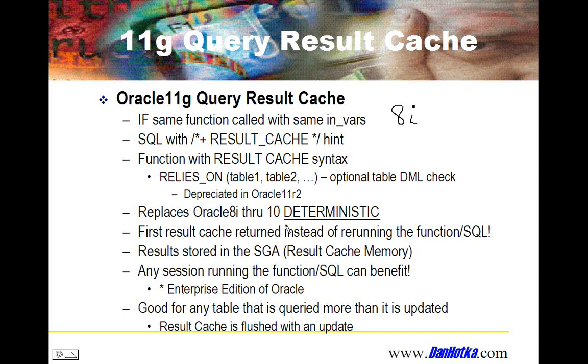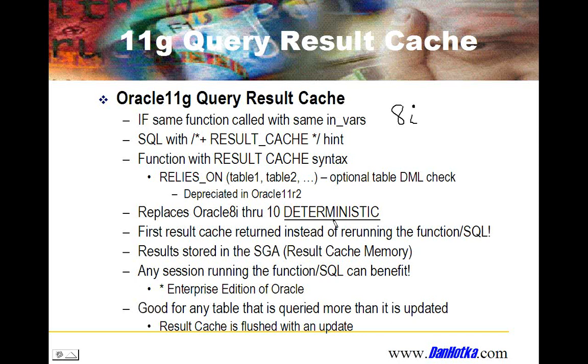It's a compiler function. What deterministic says is, if you submit the function 2 times in a row with the same in variable, I'm just going to save the result from the prior execution, and I'll just return it again. I won't execute the function.